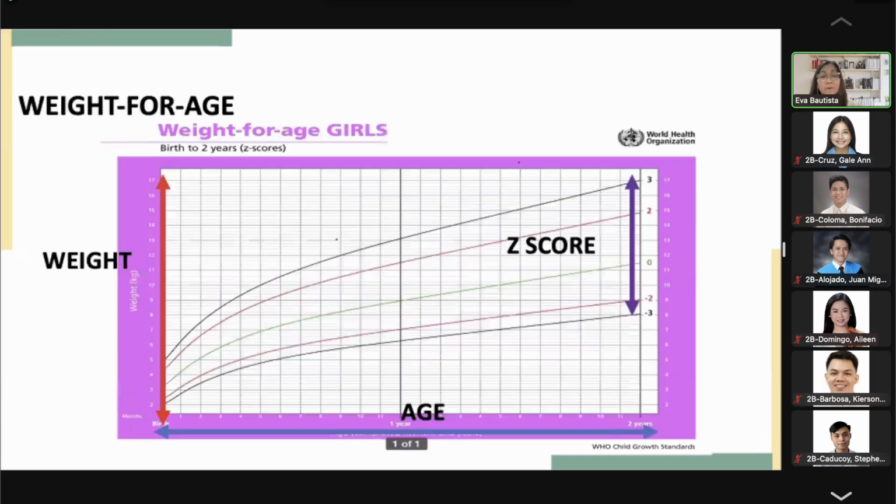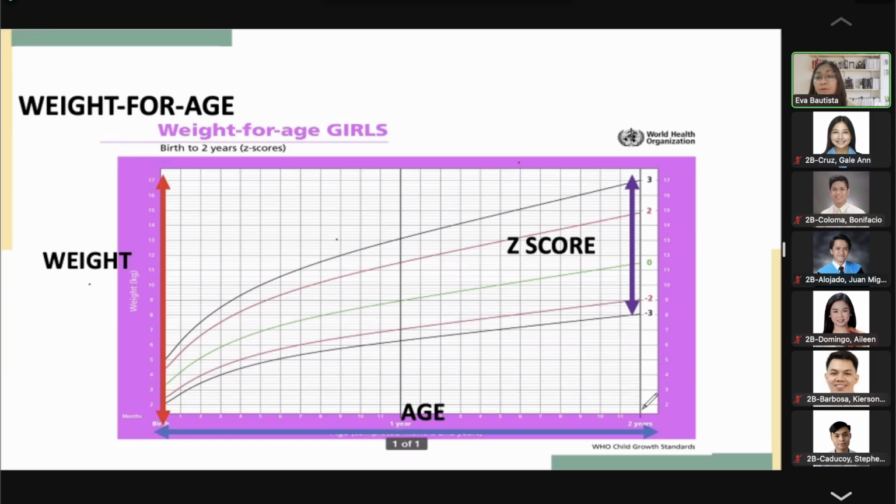Again, this is one example of the weight for age chart. And we have here the z-scores ranging from +3 down to -3. What you see here is the age. Age up to 1 year is in months: 1 month, 2, 3, until 1 year of age.